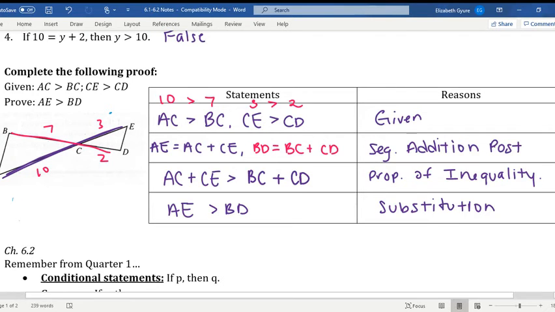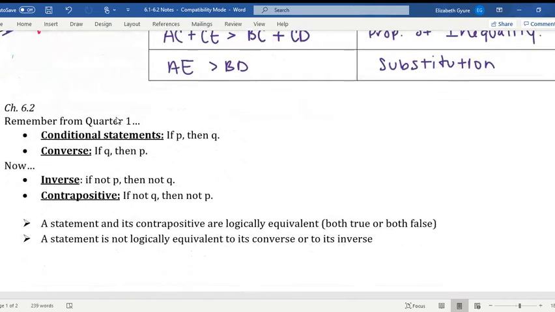All right, so on to 6.2. During quarter 1, we talked about conditional statements. Remember, those are our if-then statements. If our hypothesis, then our conclusion, and they were abbreviated to if P, then Q. So P is your hypothesis, Q is your conclusion.